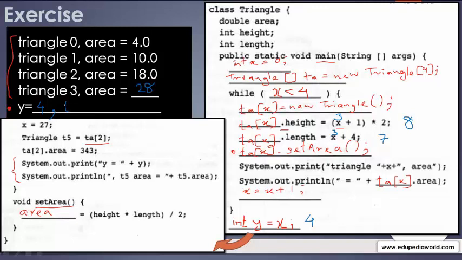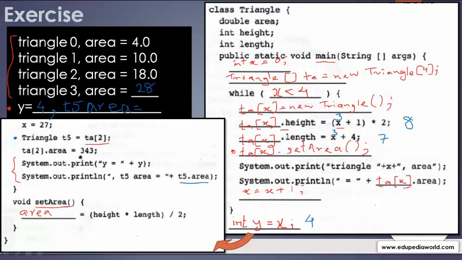T5 area equals, and here the value of the area variable of T5. Now from this statement we create the reference variable T5 and refer to the same object in index position 2 of the array.